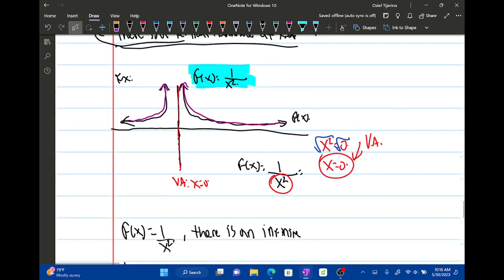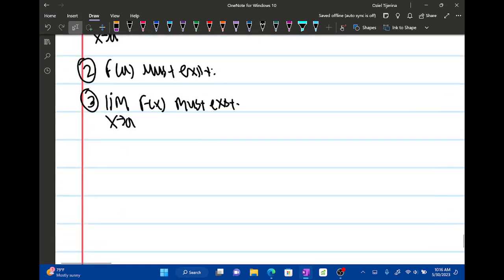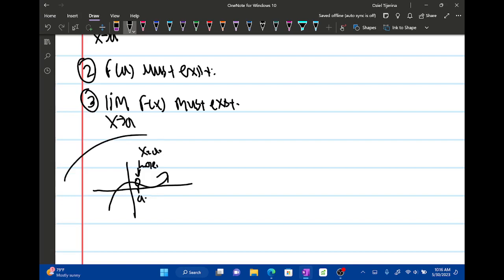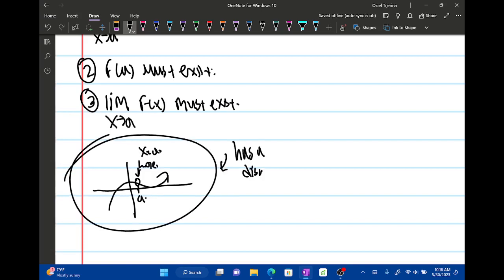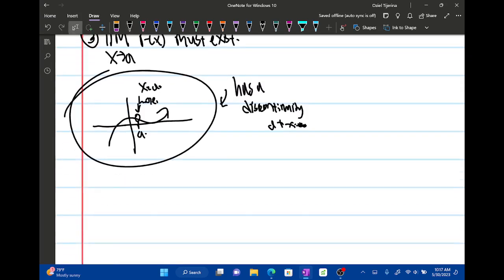If there's a hole or break on the graph, if we have a curve here and there's a hole right here, and let's say this is at x equals a, then we know that this function has a discontinuity at x equals a.